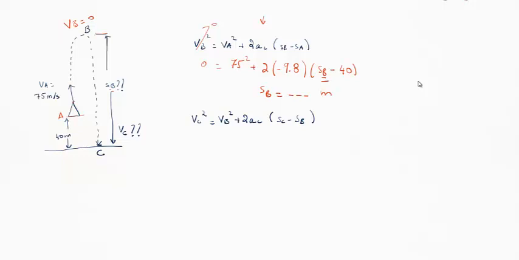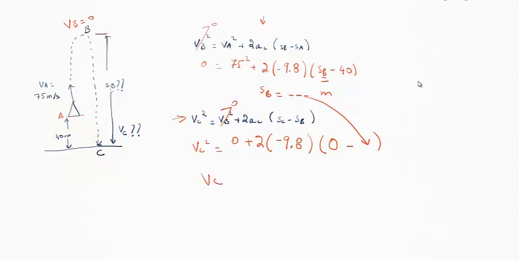Now if we want to get VC, we can use this equation over here. VC squared equals VB, which is 0, plus 2, and the acceleration is gravity, minus 9.8, times SC, which is 0, minus SB, which is what we got from before.